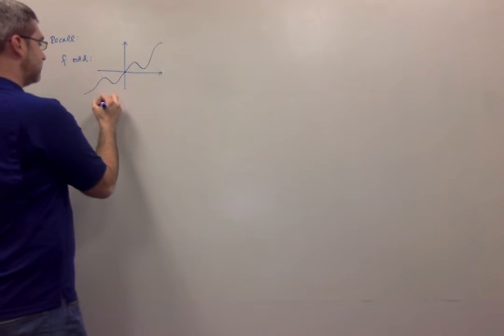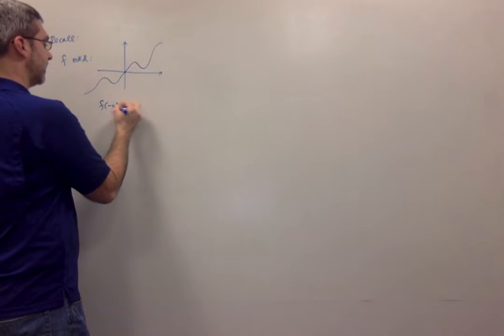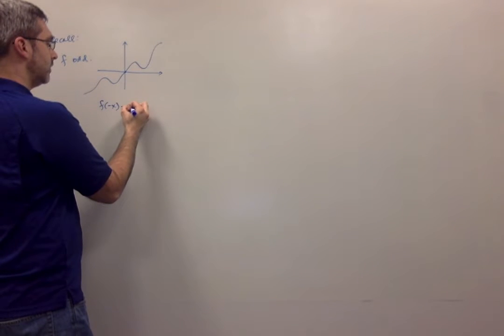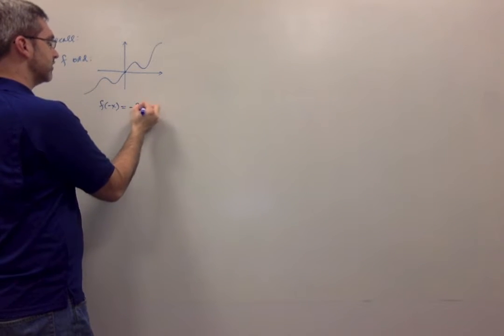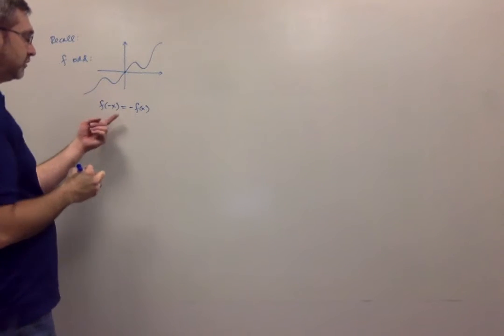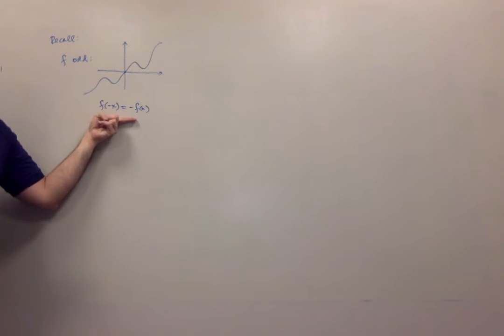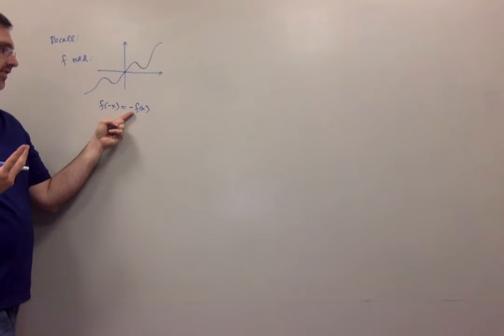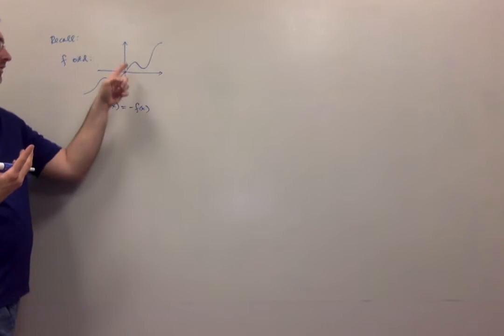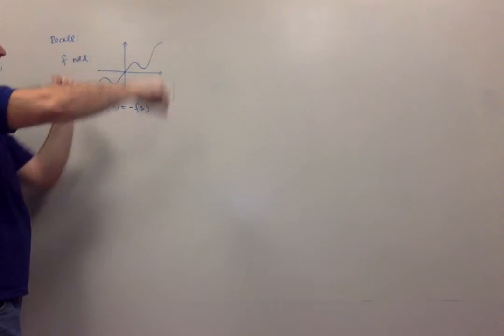Algebraically, what that meant was if we plugged in negative x, we would get the negative of the original function. For instance, x cubed works this way. If you plug in negative x, you get negative x cubed, and x cubed looks the same if you flip it 180 degrees.